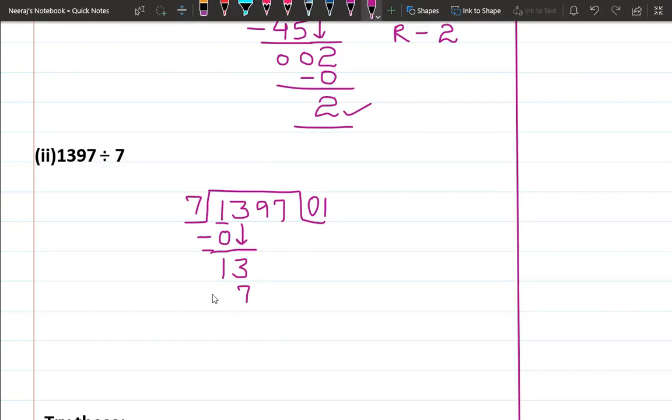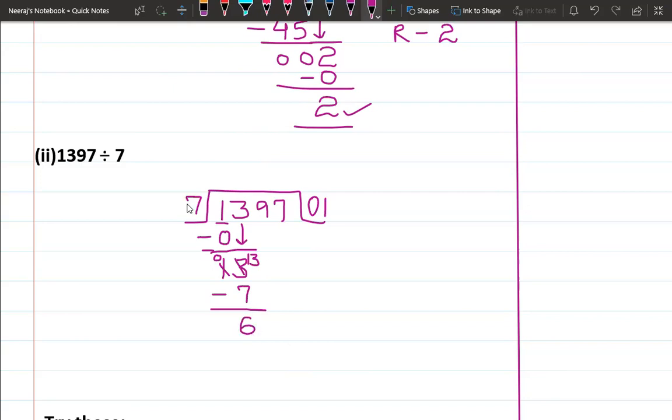Right? Now you have to subtract. So 13 minus 7 will be, we need to borrow 1 from 1 only. So it will be left with 0, and the 1's place digit will become 13.